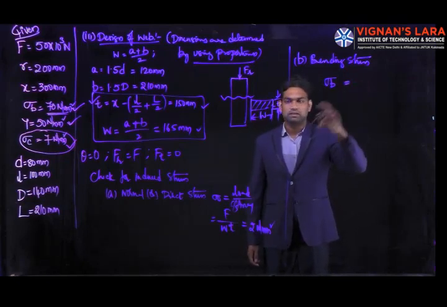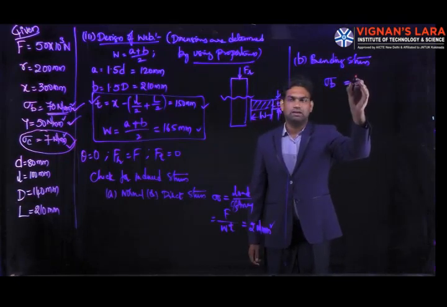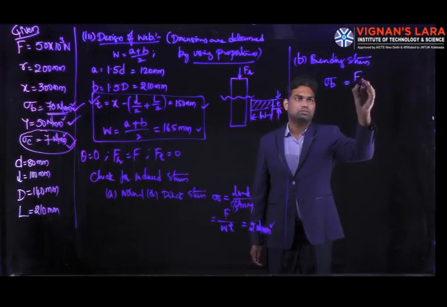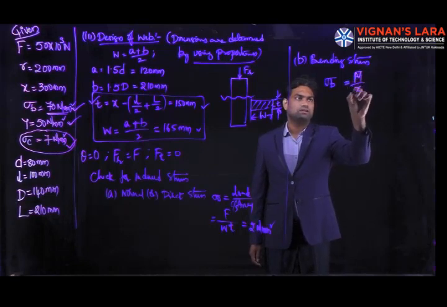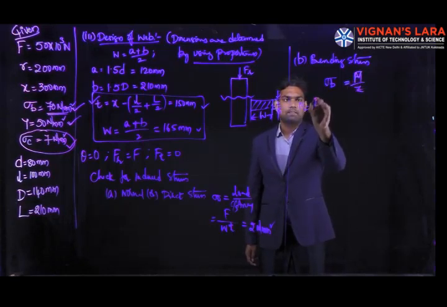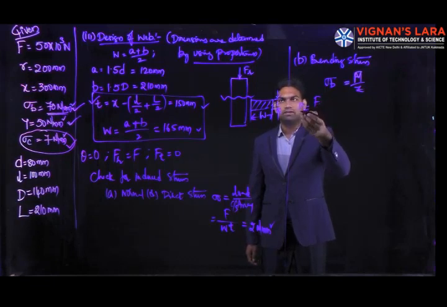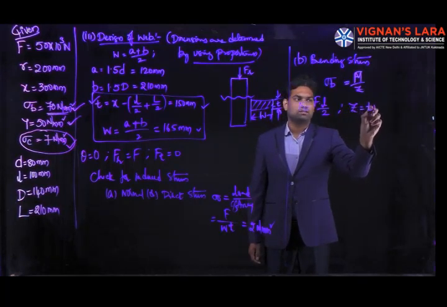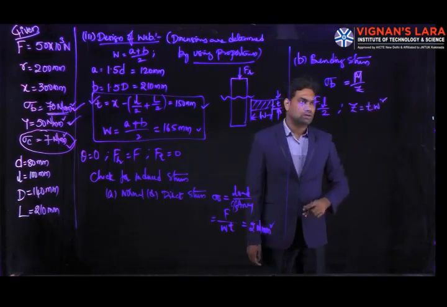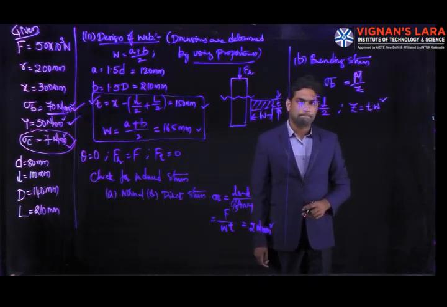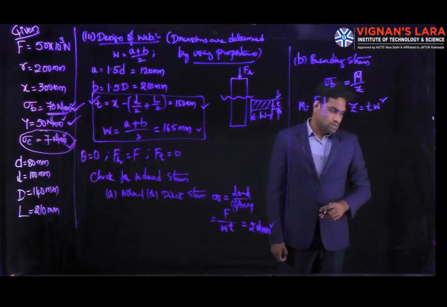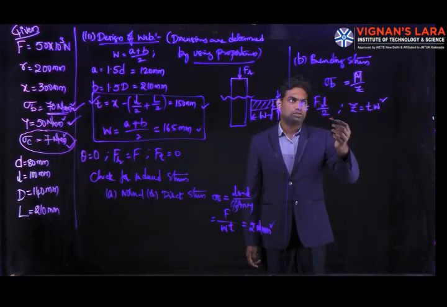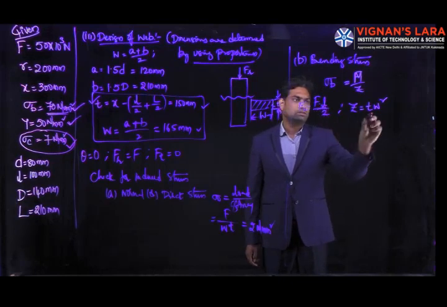Here it is a rectangular section, so M by Z. The moment M is F or Fr into L by 2, and Z may be taken as T into W square by 6.